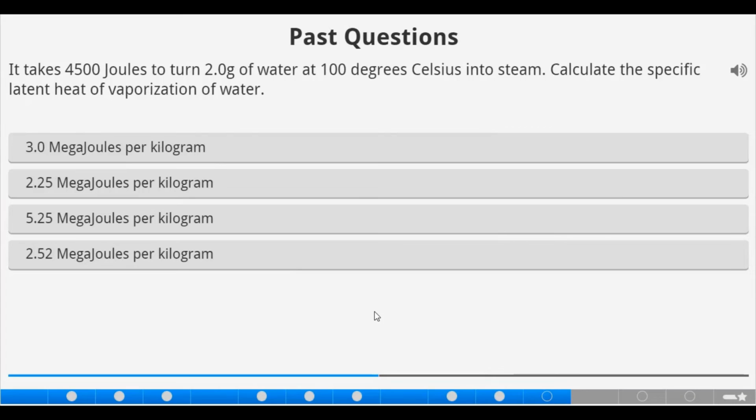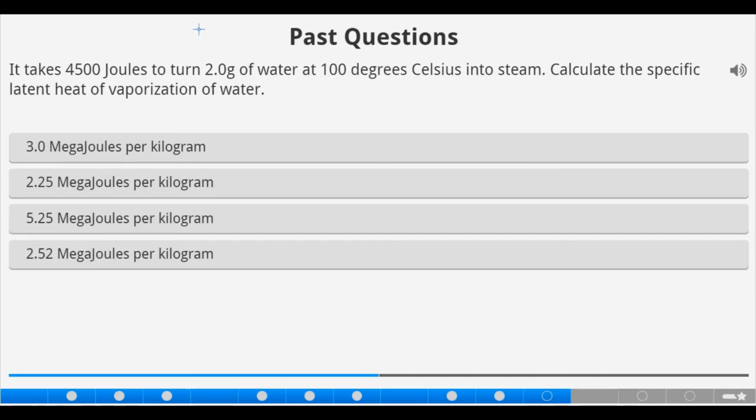So let's deal with this question. It takes 4,500 joules to turn 2 grams of water at 100 degrees Celsius into steam. Calculate the specific latent heat of vaporization of water. So this is what happens.